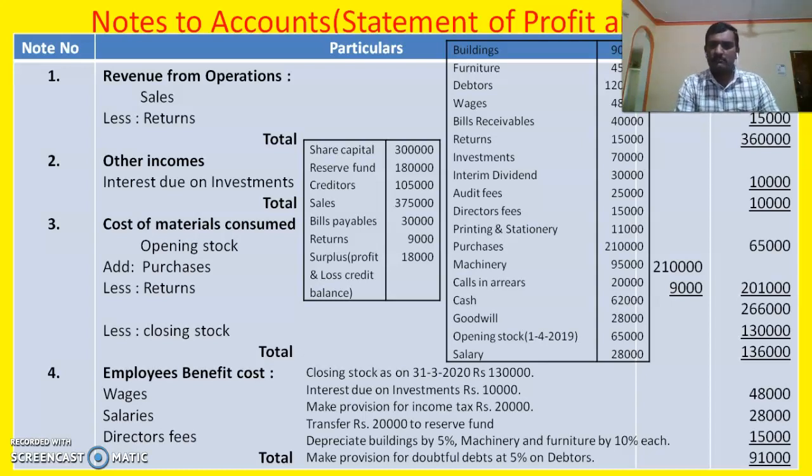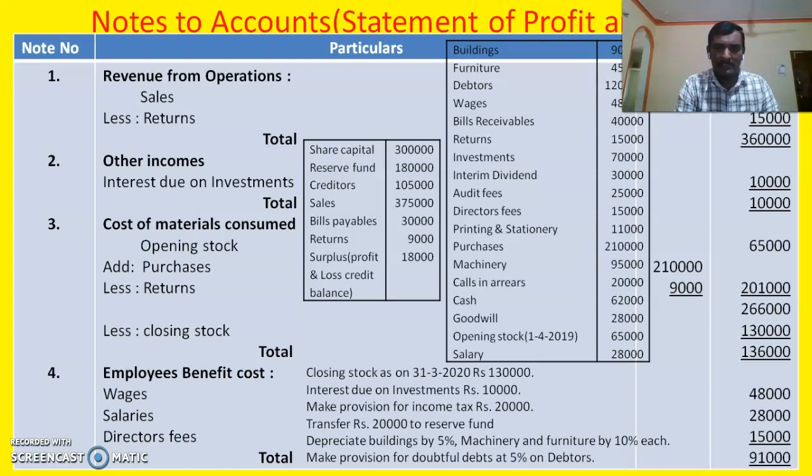For this, the information is given in the trial balance as well as in adjustment. We have to refer both here. Regarding this cost of materials consumed, we have to refer the information. Opening stock is given in the debit balances of the trial balance, and that is to be taken. Then purchase is also given, that is to be taken. And at the credit, they were given the return, that is purchase returns given in the credit balances.